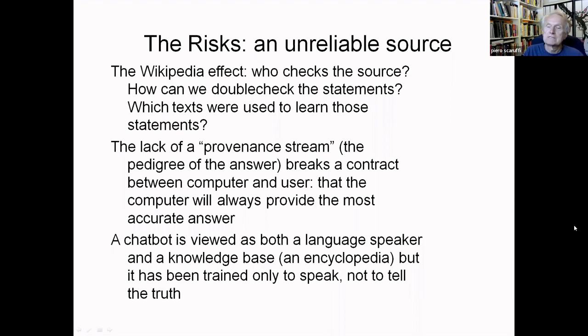It's just what the system comes up with by studying the statistical distribution of words around the world. And the danger, again, is that people can see the chatbot as both a language speaker, which it is, and a knowledge base, an encyclopedia, which it is not. It was not trained to be an encyclopedia.